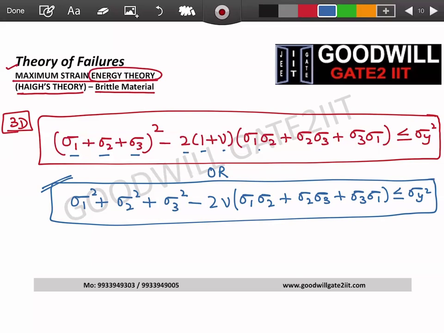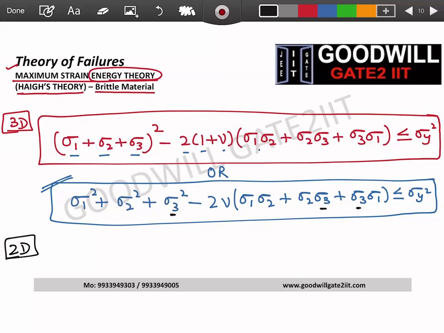They have not even gone into 3D for von Mises, and all the GATE numericals are on von Mises up till now. There is only one theory question on Rankine's theory, that is theory number 3, maximum principal stress theory. For 2D, you can simply make sigma 3 zero.